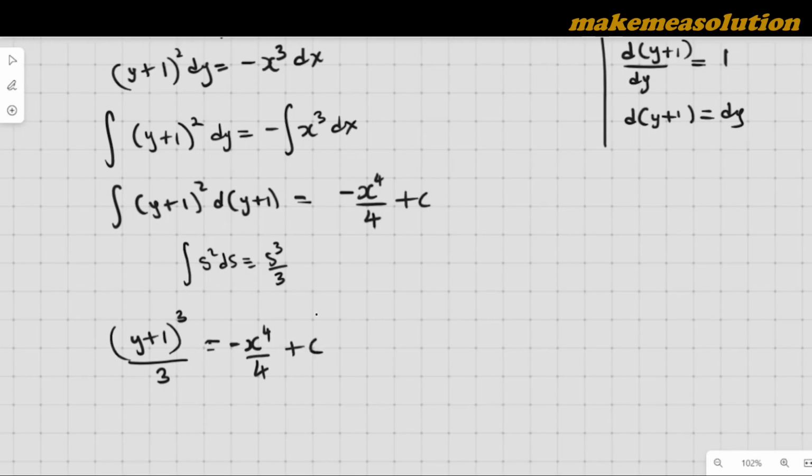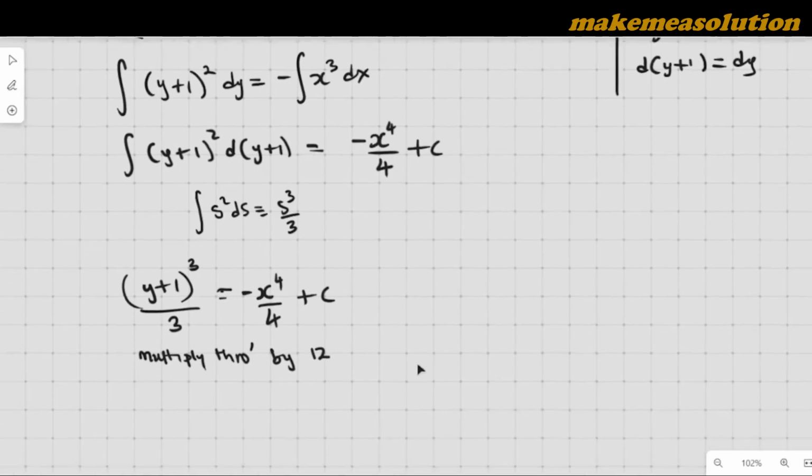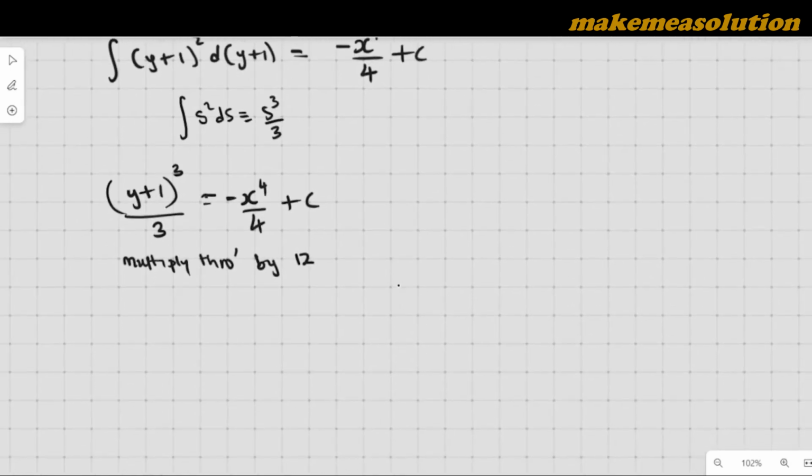If we multiply both sides by 3 and 4, that is multiplying both sides by 12, which is the LCM in this case, we are going to get 4 times (y plus 1) whole cube is equal to negative 3 x to the 4 plus 12c.